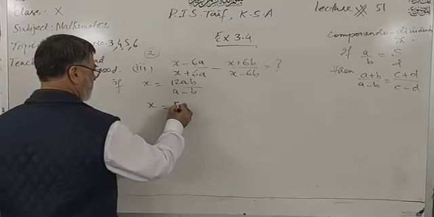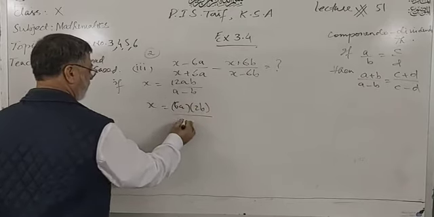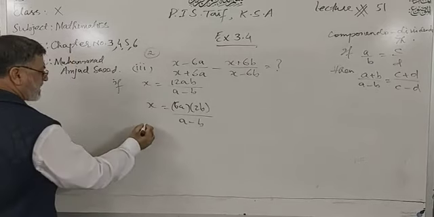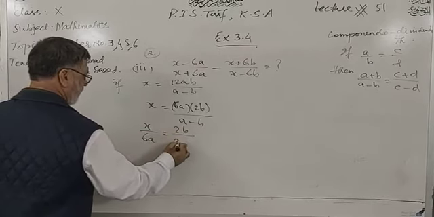So in this way, we have to convert our question in this form. 12ab can be written as 6a into 2b over a minus b. Bring 6a down of x, 2b over a minus b.